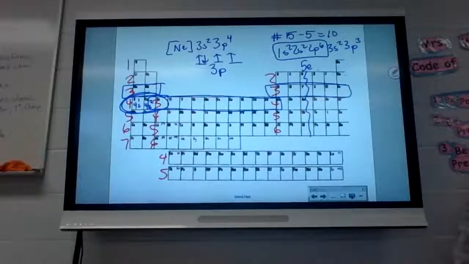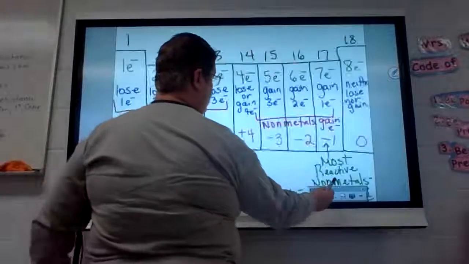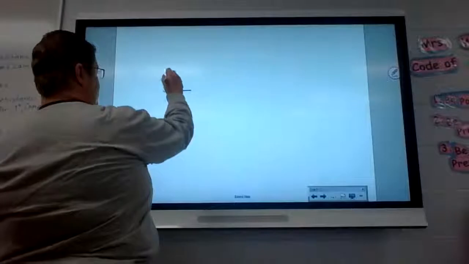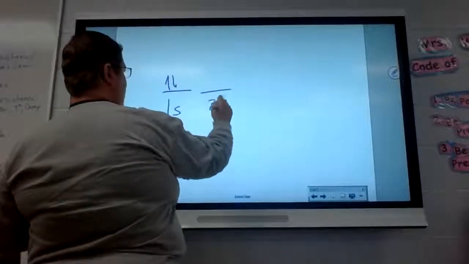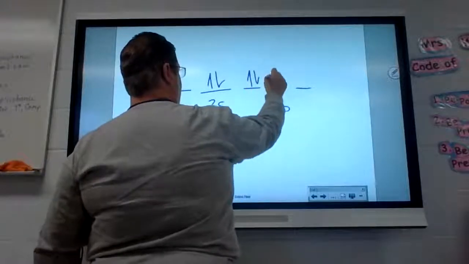All right, the number of electron-containing orbitals in fluorine. This one wants orbitals, so this time you actually have to draw it and count the lines. The orbitals are the actual lines, so you have to count the lines. Fluorine has 1s, 2s, 2p.